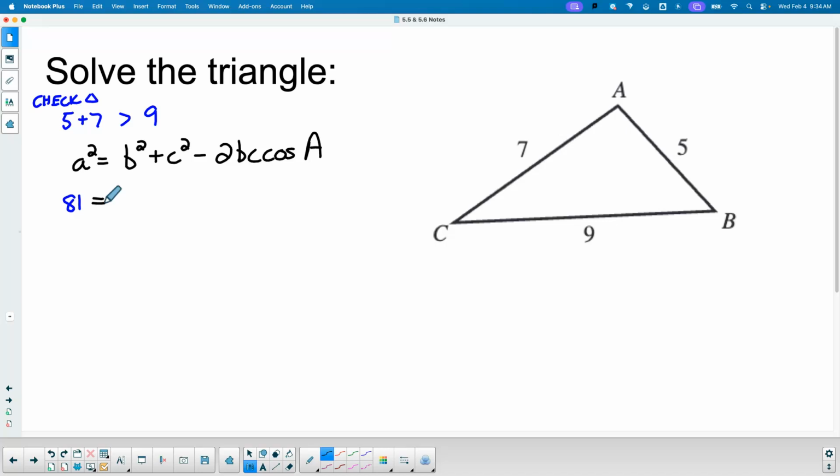B squared would be 7 squared, which is 49. C squared is 5 squared, which is 25.